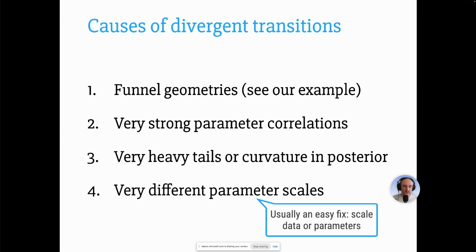That last one's probably the easiest one to fix. You can scale your data, or sometimes you can just scale your parameters. So instead of modeling some parameter b, you might model your parameter b divided by 1,000 within your model. The other three can be harder to deal with, and the first one is probably the most common one that you'll see that you need to deal with, and that's what we're going to work with.